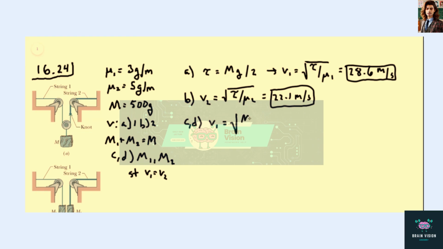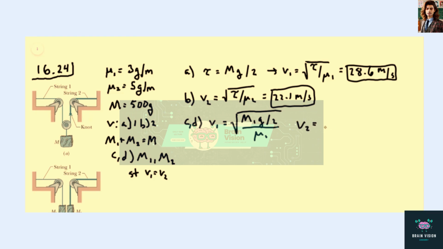V1 is going to be the square root of the tension, which will now have the tension in string 1, which is going to be m1g over 2, divided by mu1. And with the necessary things being changed, it's the same for string 2.